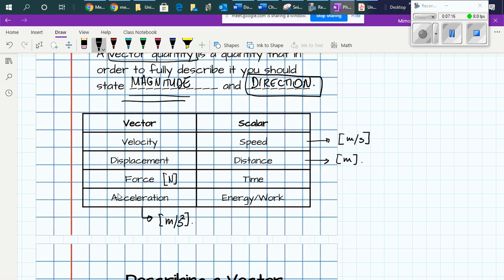Now, velocity is known in Physics 20 here in Canada with a V and this little arrow on top, which tells you that you are dealing with a vector quantity, while speed is just the lowercase v. And displacement is known with the letter D with a vector on top, and again, that vector on top means that you are dealing with a vector quantity, and distance is just the letter D.